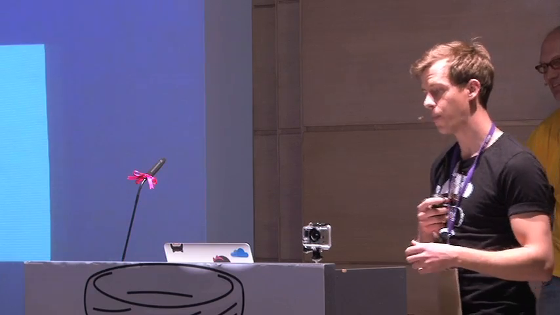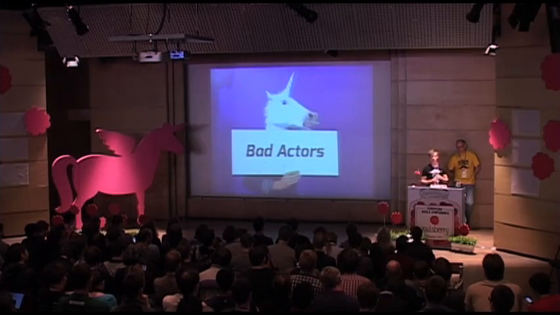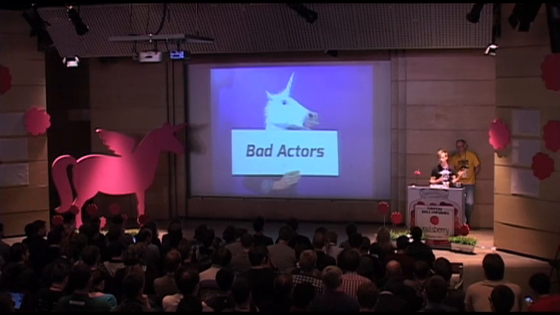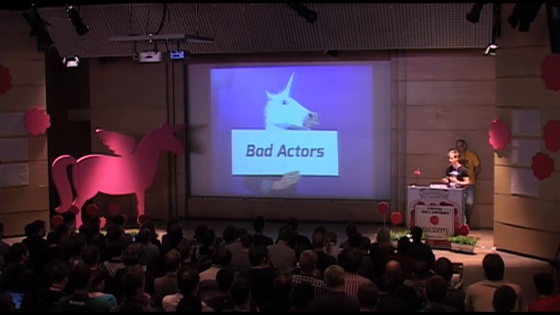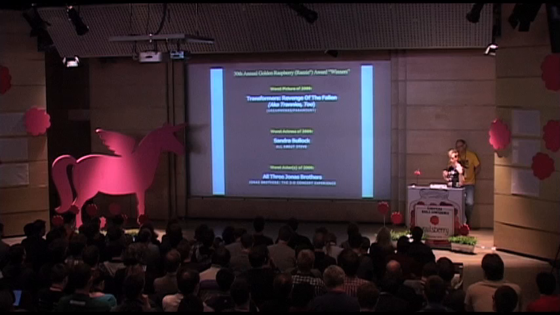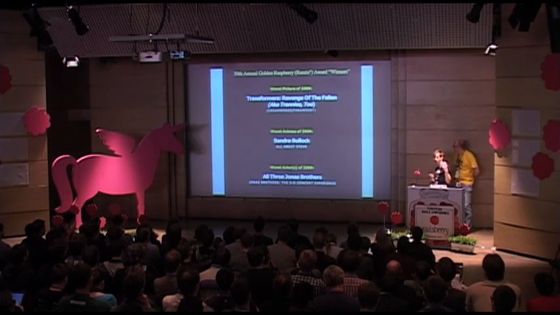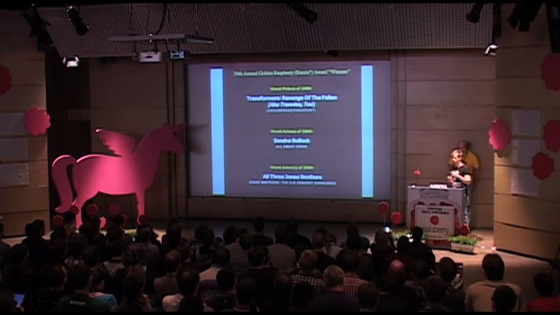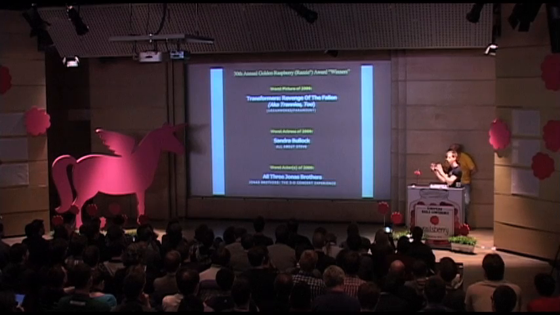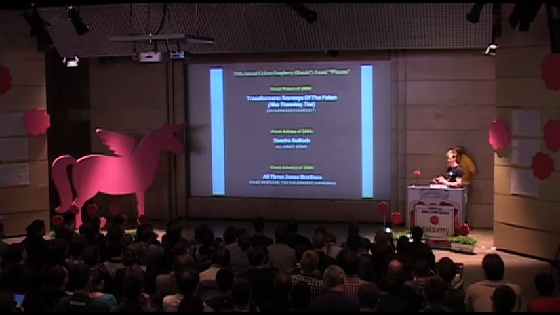So I have less work to do, which is amazing. But I will talk about bad actors, because I couldn't help with actors and acting and stuff, coming up with what would be bad actors in terms of Rubies again. And there is the Razzie Awards for movies for the worst actor. Of course, with Ruby, it's not that bad. It's just on the scope of what we want to do today.